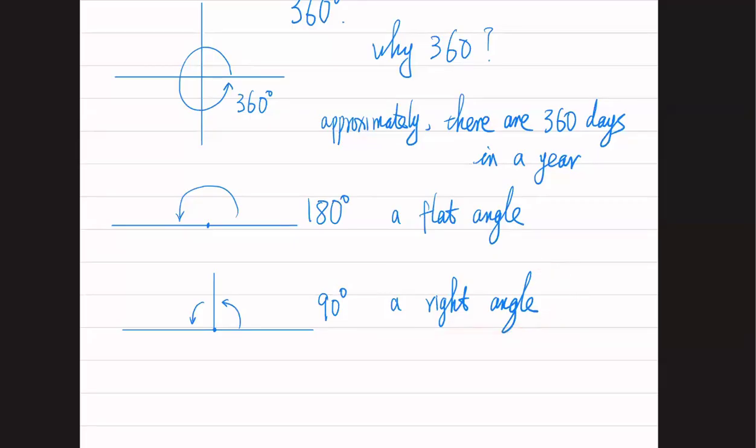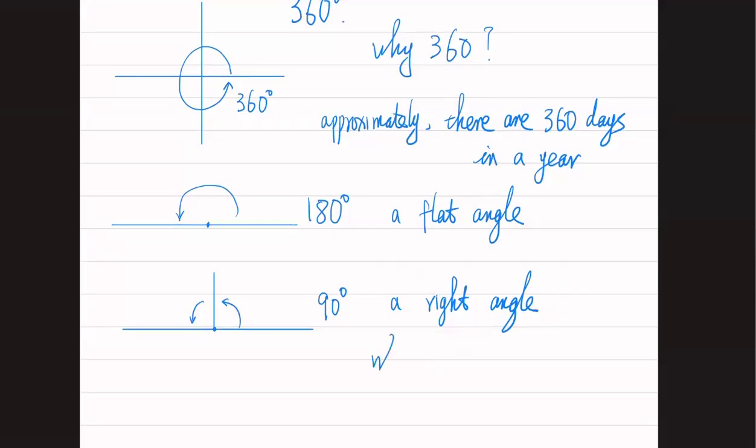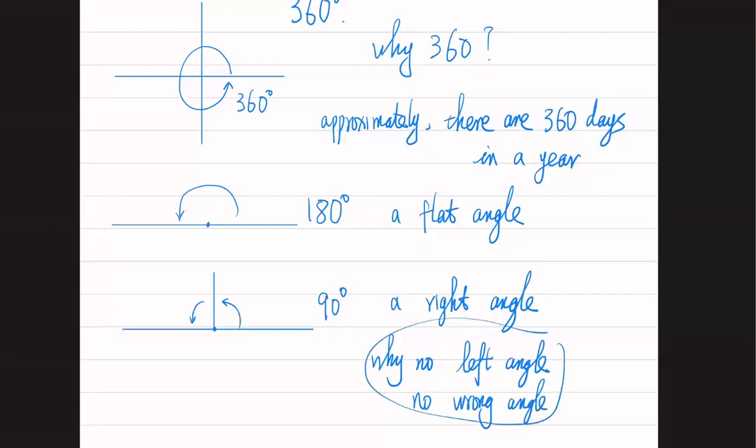And let's see, why do we use this word right? We know left, right. Does this have anything to do with left or right? Why is there no left angle? Is there a wrong angle? Okay, yes. Why no wrong angle? Why do we pick this?